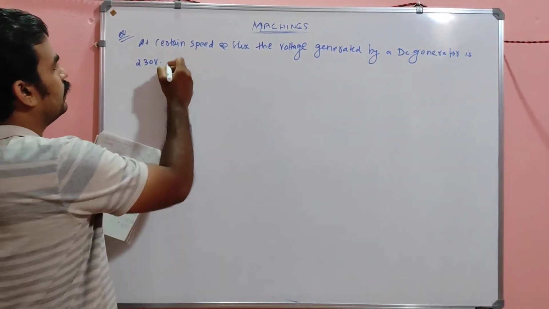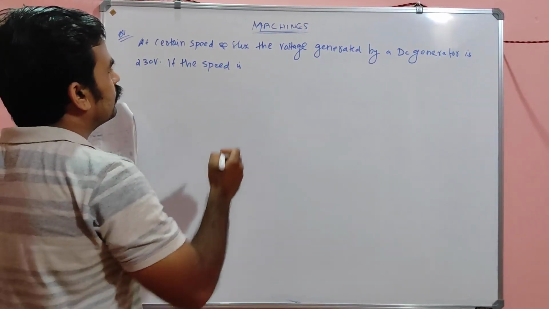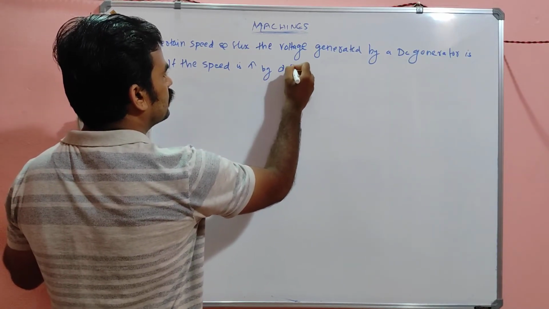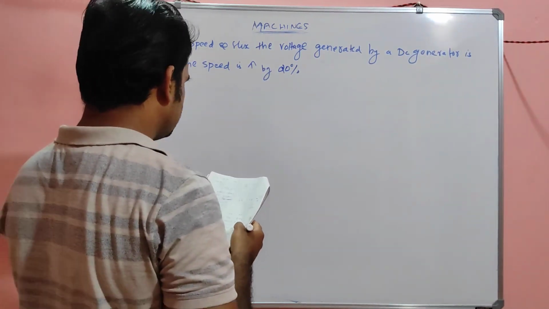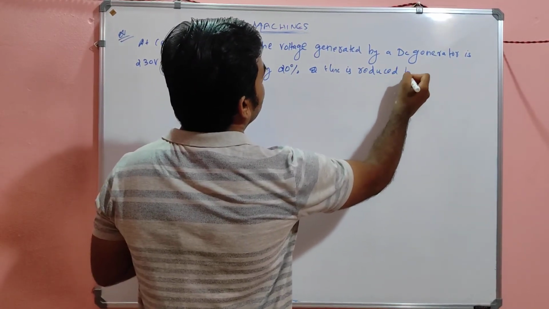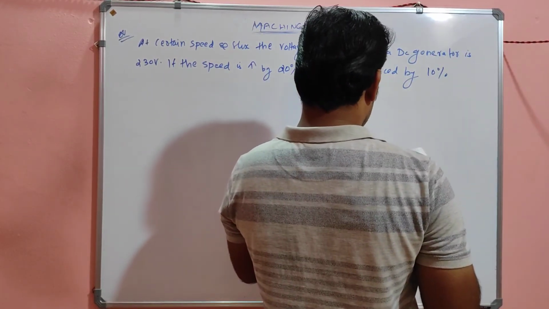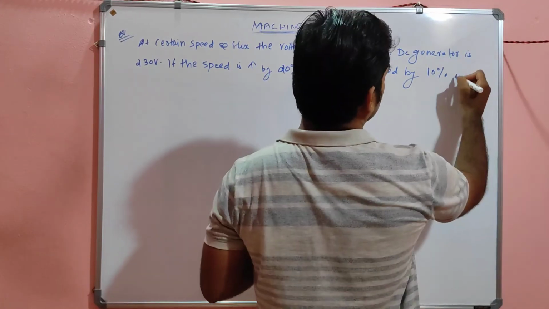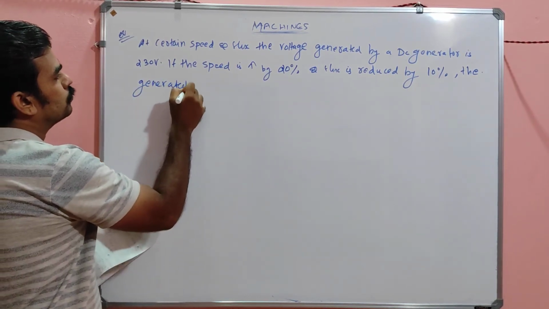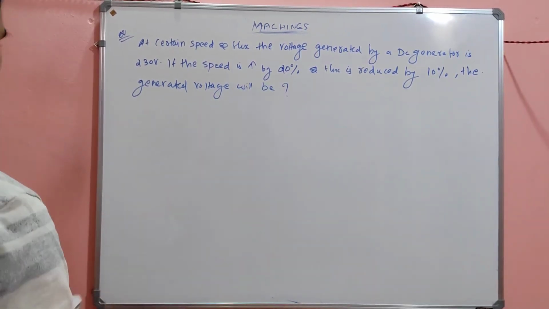If the speed is increased by 20% and flux is reduced by 10%, the generated voltage will be... how can we solve, my dears?